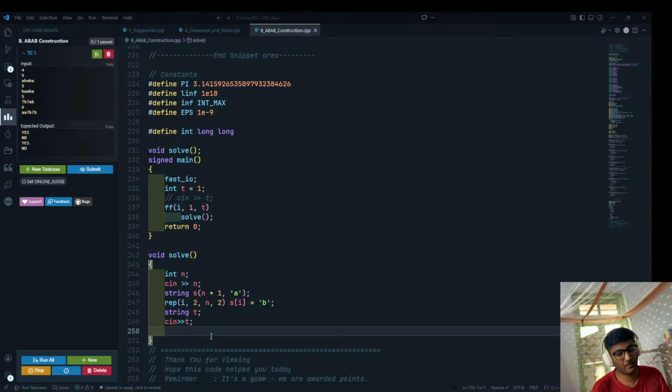If it's B, then DP of I, B is also 1. Otherwise, false. If it is question mark, DP of I, I can take either a or a B.